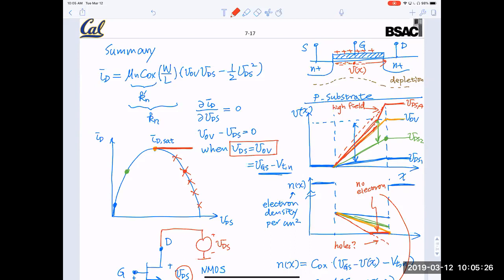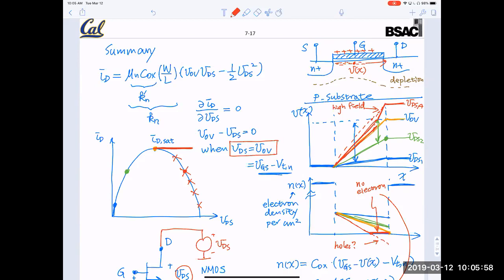Okay, yes, question? So in that region where electron density is basically zero, in reality it's not actually zero because of the velocity. Yes, so the question is about this pinch off region of the channel, where the electron density cannot be possibly zero because there are electrons flying by from the non-zero part of the channel to the drain where electrons get drained.